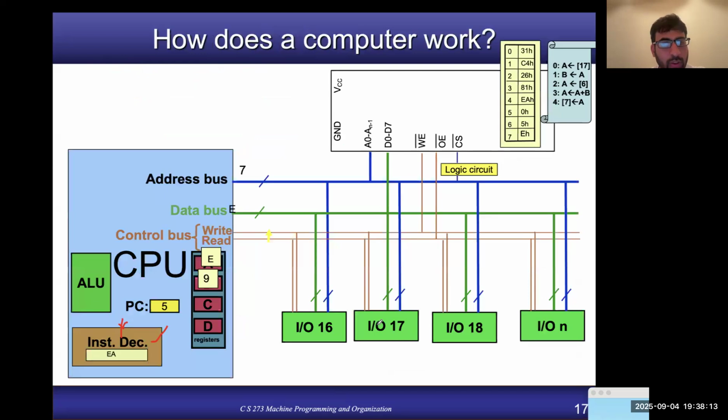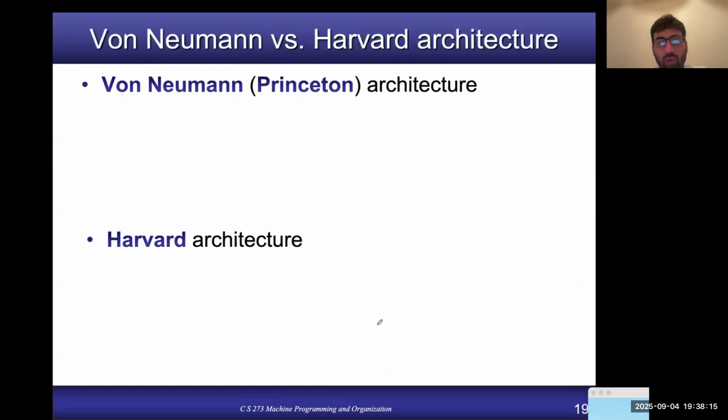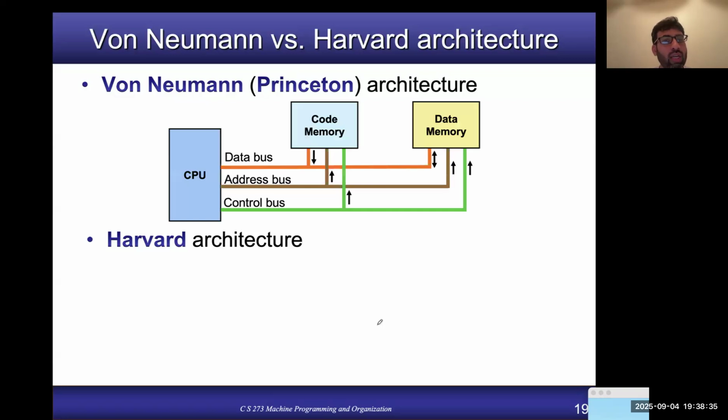Okay. If no questions, then let's move to the next slide, where we are going to talk about two different kinds of architecture design, in the sense of how memory is connected with the CPU. One is known as von Neumann or Princeton architecture.